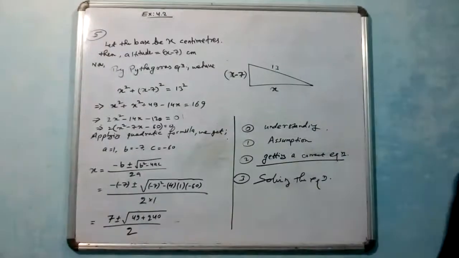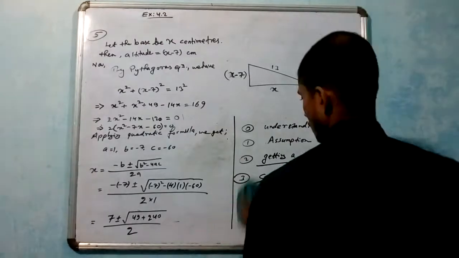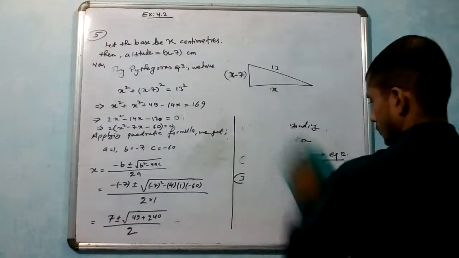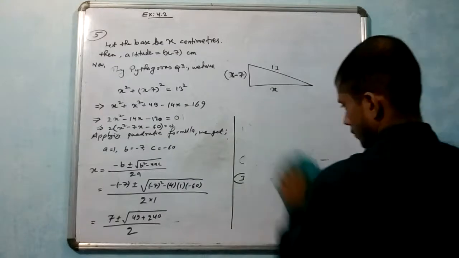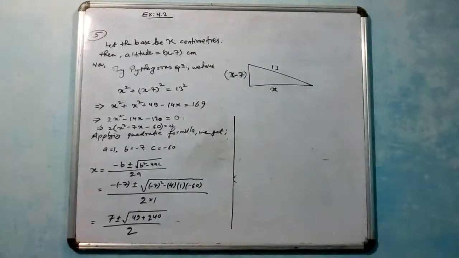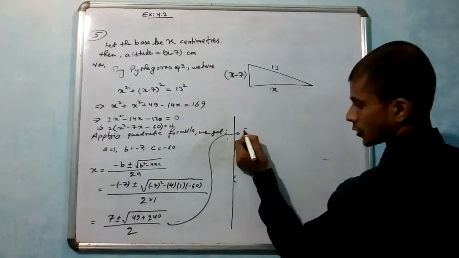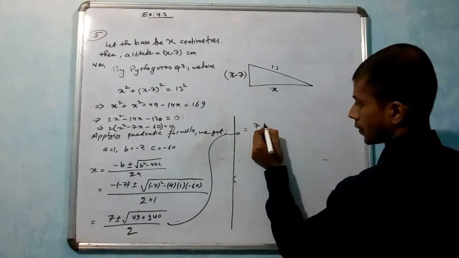Next what? So x is equal to 7 plus minus root of how much is 240 plus 49?